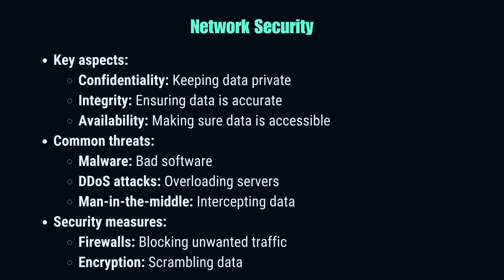VPNs create secure connections over public networks. Intrusion detection/prevention systems monitor for and block suspicious activity. Regular security audits, software updates, and user education are also crucial components. As threats evolve, network security remains an ever-changing field. Now let's explore how we translate website names into IP addresses with DNS.